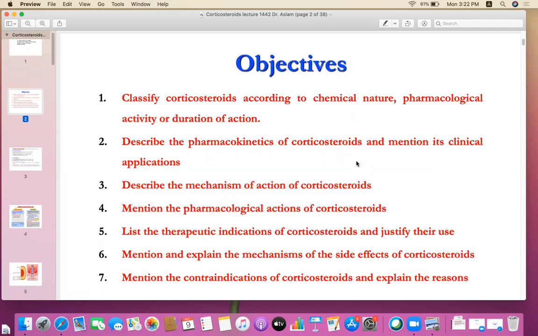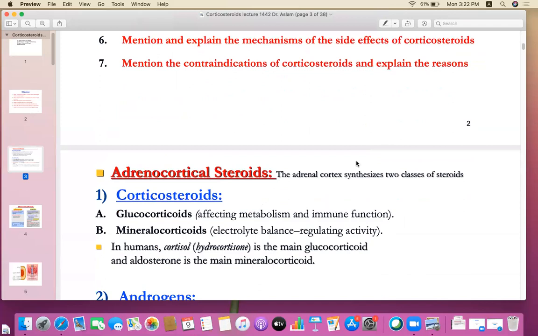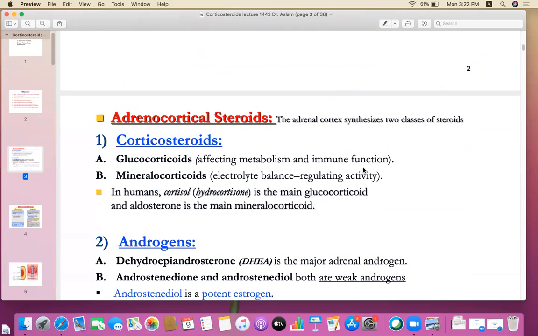Then we will see the clinical applications, mechanism of action, pharmacological actions, therapeutic use, side effects, and the contraindications of corticosteroids. These are the objectives as per our booklet in the lectures, and we will try to cover them in the lecture.